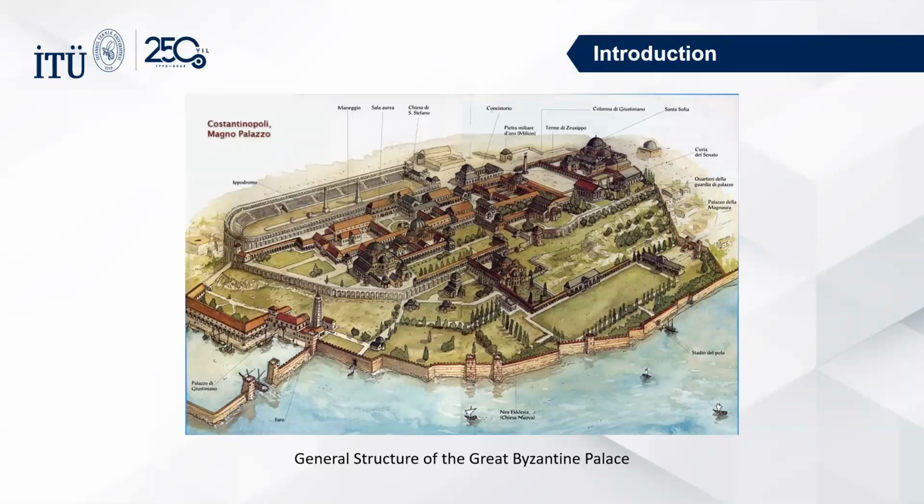The Great Byzantine Palace, also known as the Sacred Palace or Palace of Daphne, stands as an architectural testament to the grandeur and political significance of Byzantine Empire, which we see in the image too.